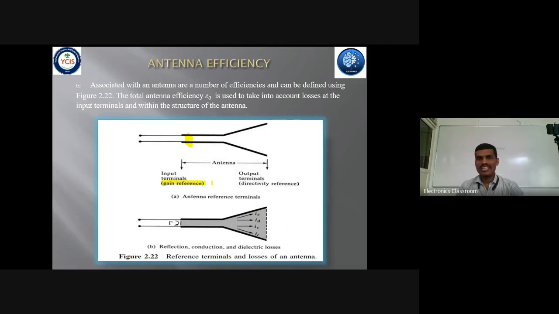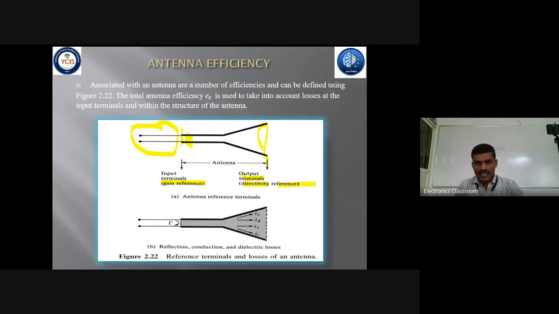Before the input terminal, this is your transmission line. Now this antenna input terminal is known as the gain reference point. It can be considered as the gain reference. And the end of that particular antenna, your output terminal, is known as the directivity reference, because your directivity can be calculated after that.